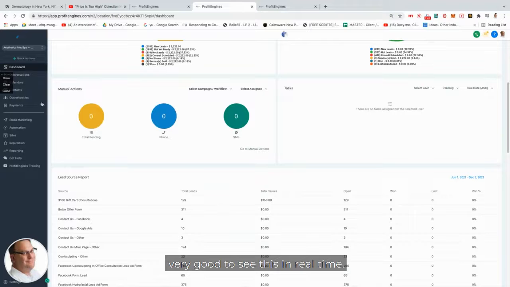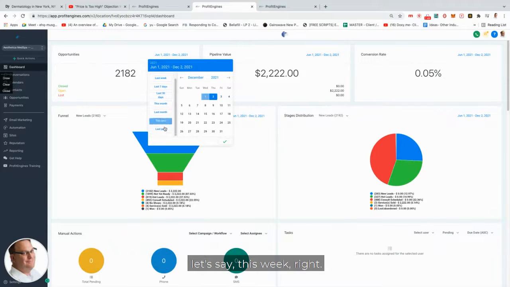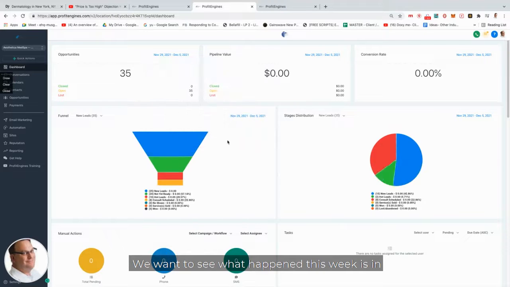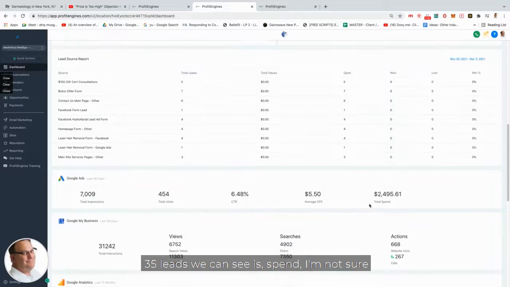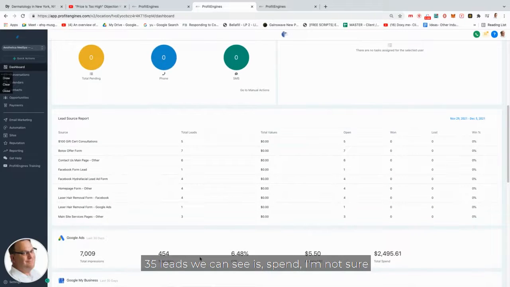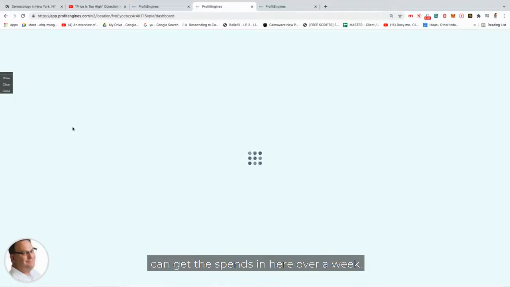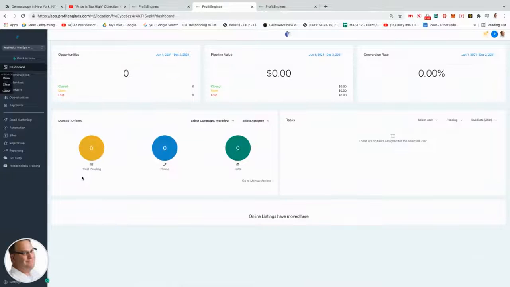It's very good to see this in real time, especially as a breakdown of, let's say, this week. We want to see what happened this week. We said 35 leads. We can see there's a spend. I'm not sure if this actually corrected that, but let's see if we can get the spends in here over a week. All right, there we go.